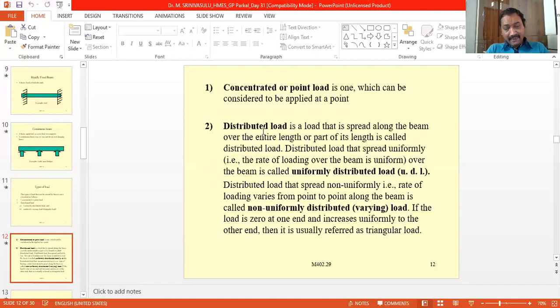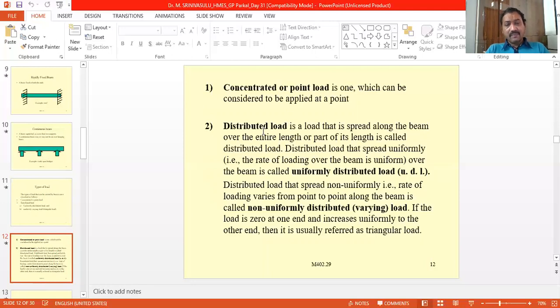Sometimes the whole area of the beam, sometimes the whole length of the beam, sometimes only part of the length of the beam, it may be acting. That means the load is distributed along the length or along the area, sometimes the whole length, sometimes the whole area, or sometimes only the part length or the part area. Then that load is called the distributed load.